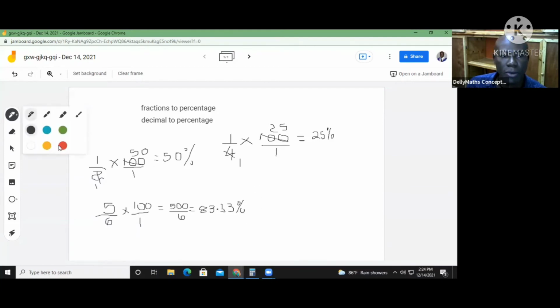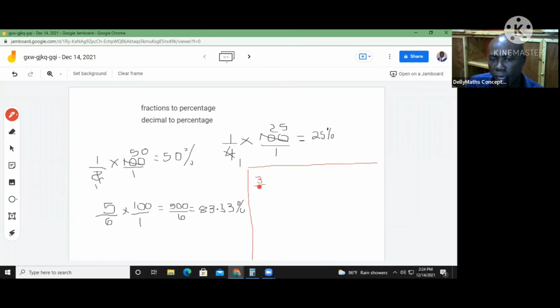All right, let's look at another one right here. Let us say it may be 3/8, and the intention is to convert this 3/8 to percentage.